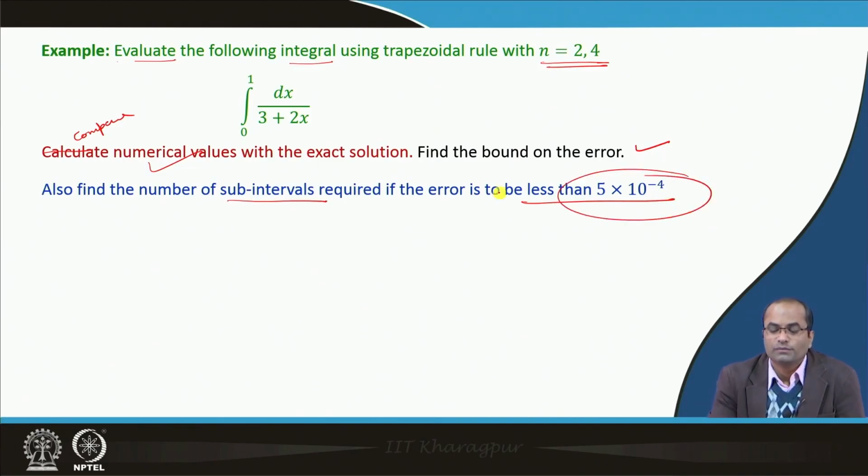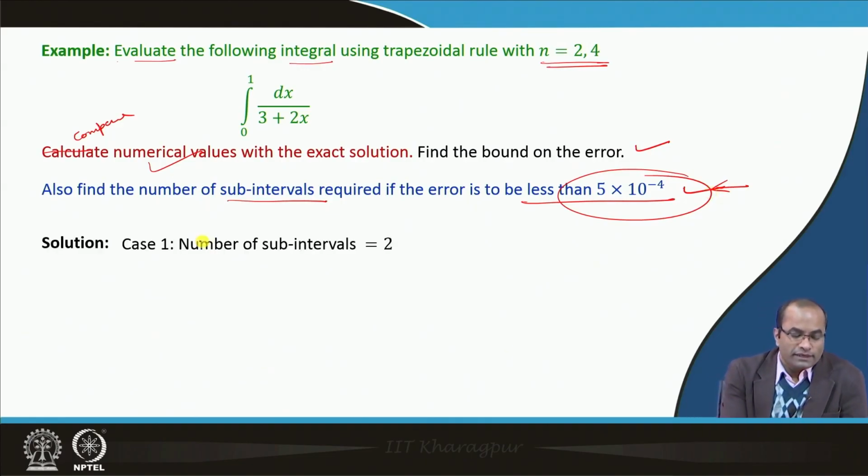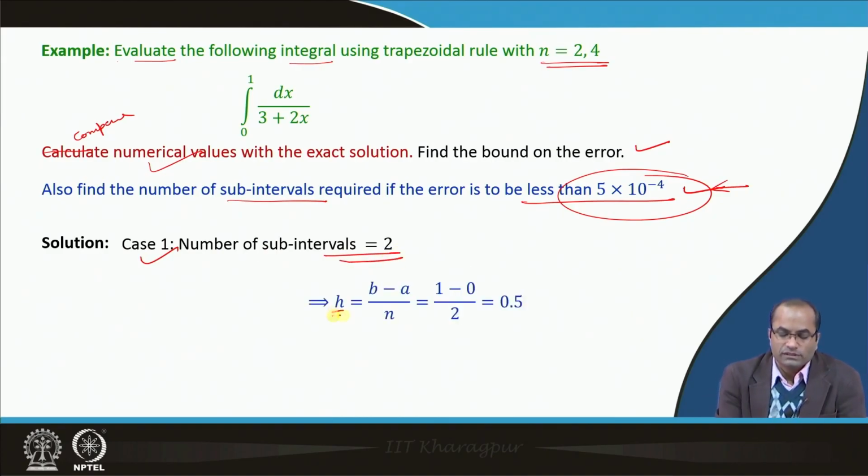Using the error bound formula, we can also estimate how many sub intervals we require if we want our error to be less than 5 times 10 raised to the power minus 4. Case 1: we consider the number of intervals 2, which means h will be 0.5, because our interval is 0 to 1.